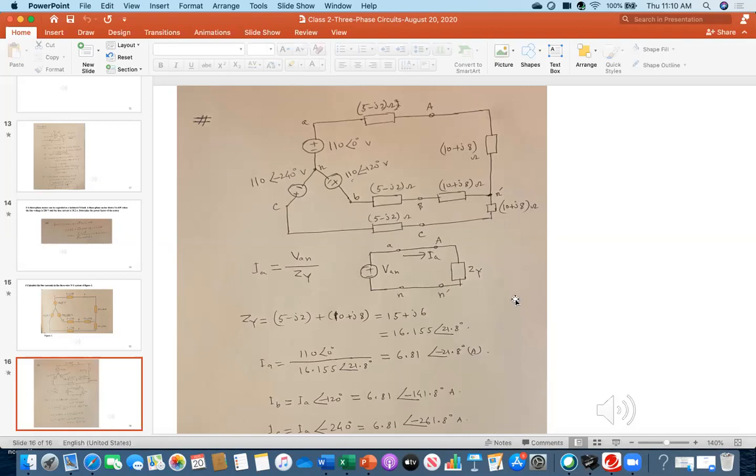At home, everybody, please make sure you understand each and every slide, and then attempt to solve the homework problems. Is this fine? Yes, thank you, Dr. Ali. Please understand all of the slides from the beginning, see the relationship between voltage and current in delta and Y systems, and look at the numerical problems once again.